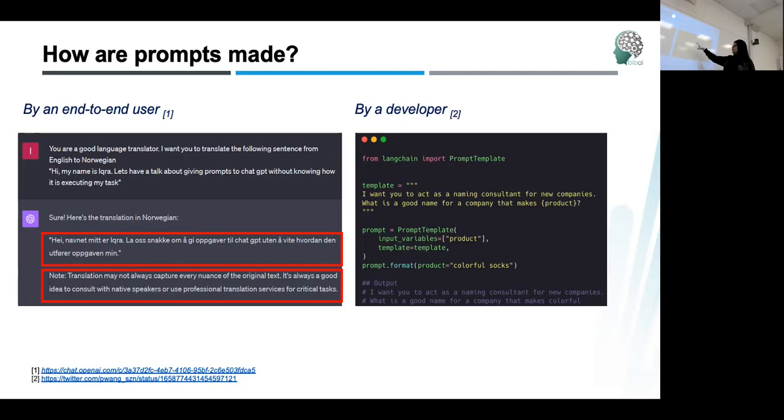The template is adapted accordingly, and then the format gets the actual variable value. So it goes like, I want you to act as a naming consultant for a company. What is a good name for a company that makes the variable, for example, colorful socks?